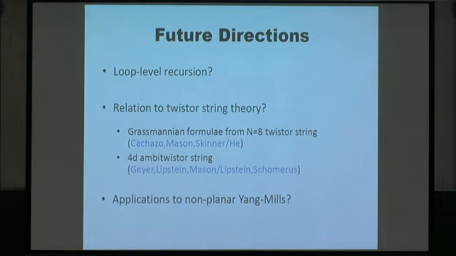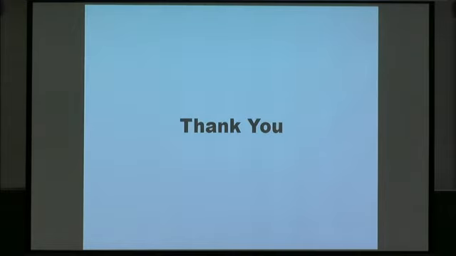And so I think it's an interesting question to see to what extent the ideas that seem to be arising in the context of n equals 8 supergravity can be adapted to compute non-planar amplitudes in Yang-Mills theory using on-shell diagrams. And I think I'll end there. Thank you.